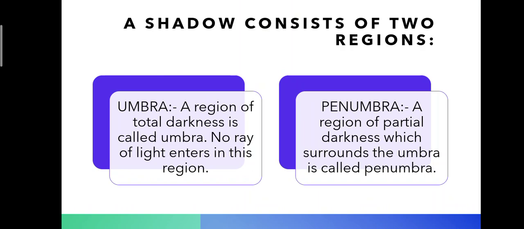If this is a region of total darkness, then there is no possibility of a ray of light entering this region. Now the second is penumbra. Penumbra is a region of partial darkness, the faint part of a shadow that surrounds the umbra.